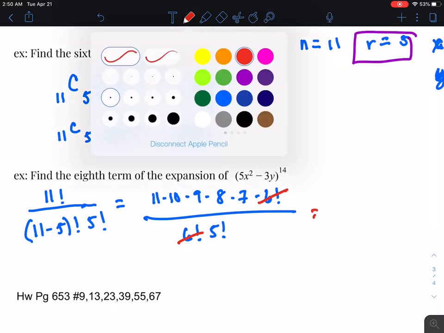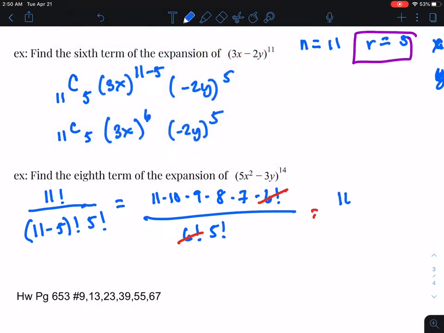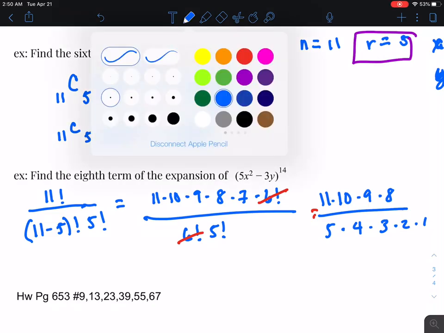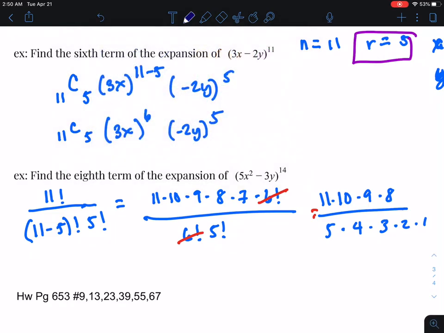So we're left with 11 all over 5 times 4 times 3 times 2 times 1. Okay, we can simplify here.